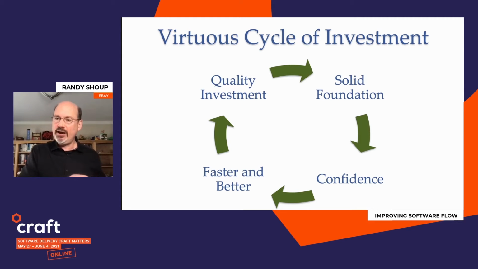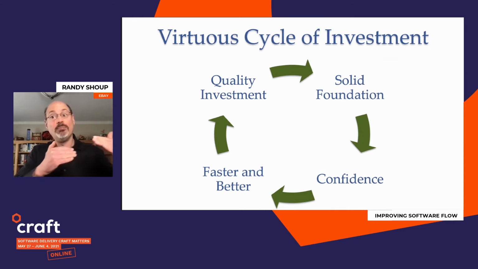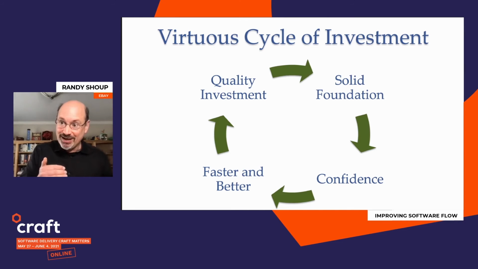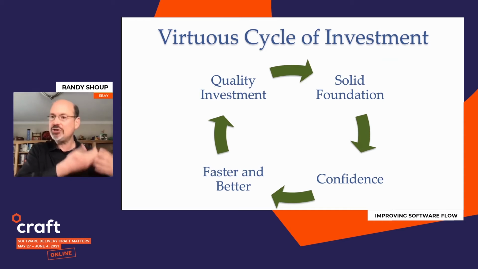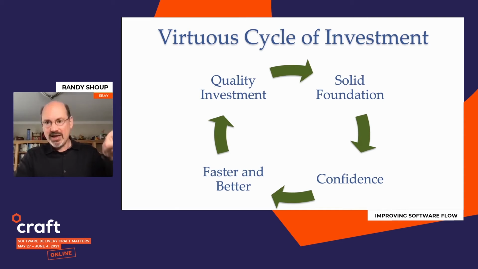We can get faster and better, which actually frees up more time from our daily work to potentially invest in improved testing or improved automation or improved developer life. And we can make that investment. We can get a better foundation, more confidence, faster and better, et cetera. And the high performing teams that are right now accelerating away from the pack, they've got this idea.